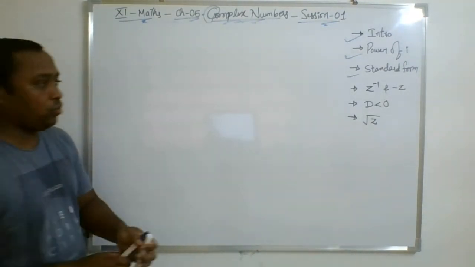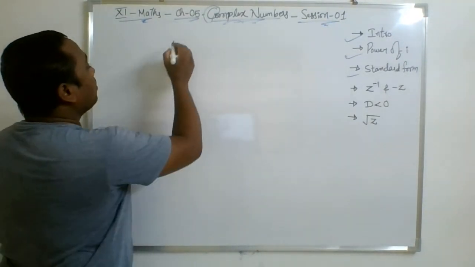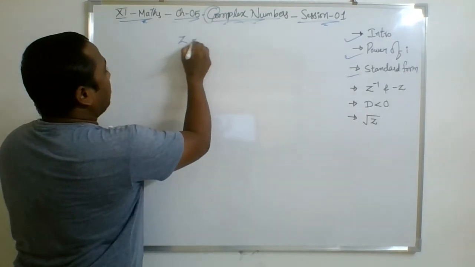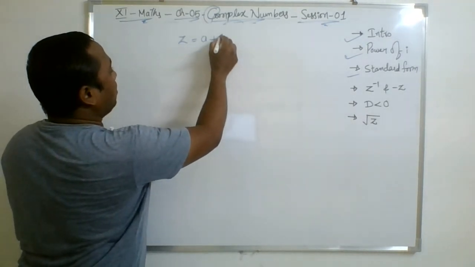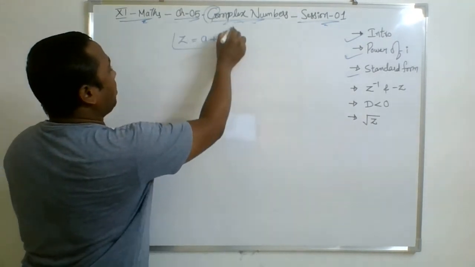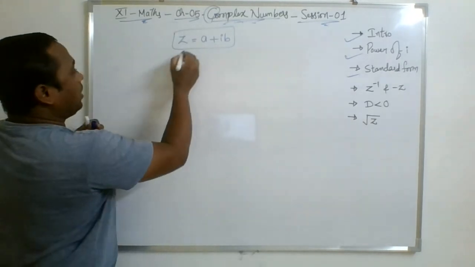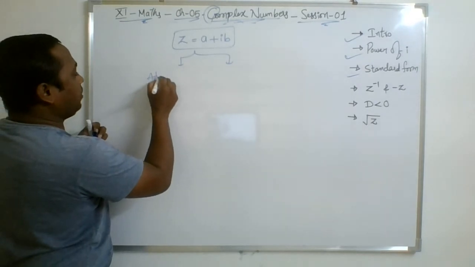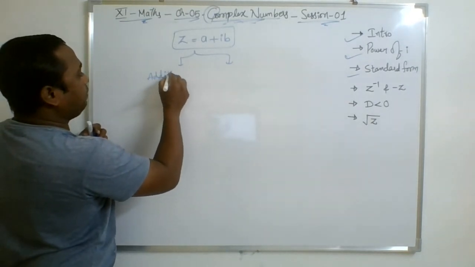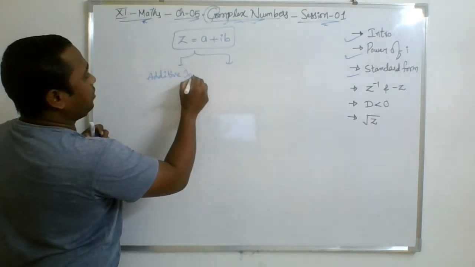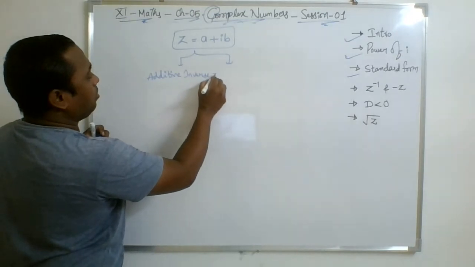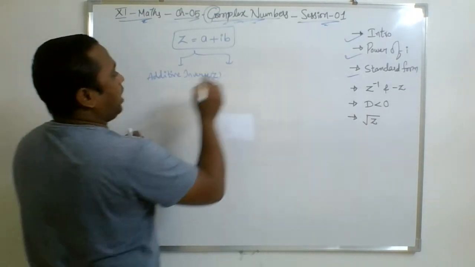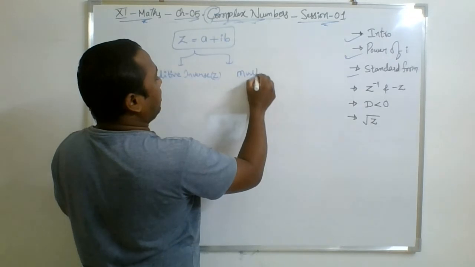Only two terms you need to understand. If z is a complex number in the form of a + ib, then there are two terms you need to understand. Additive inverse of complex number z, and multiplicative inverse.